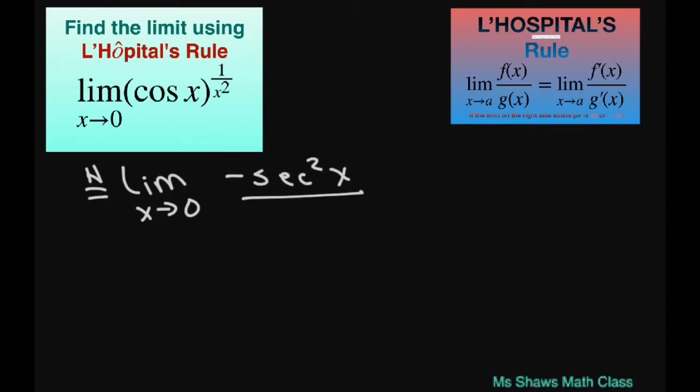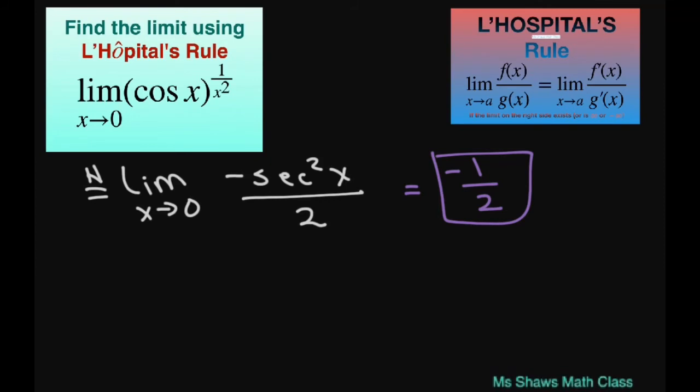And in the denominator we had 2x, the derivative of 2x is 2. All right, since you apply the 0, secant squared of 0 is going to be 1. So you have negative 1 divided by 2. Now that's the limit with log.